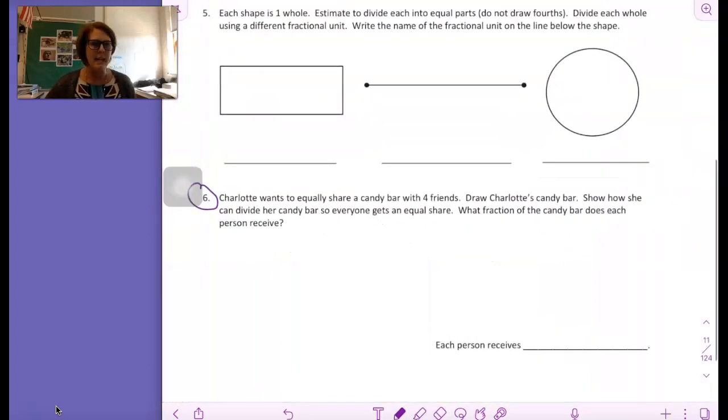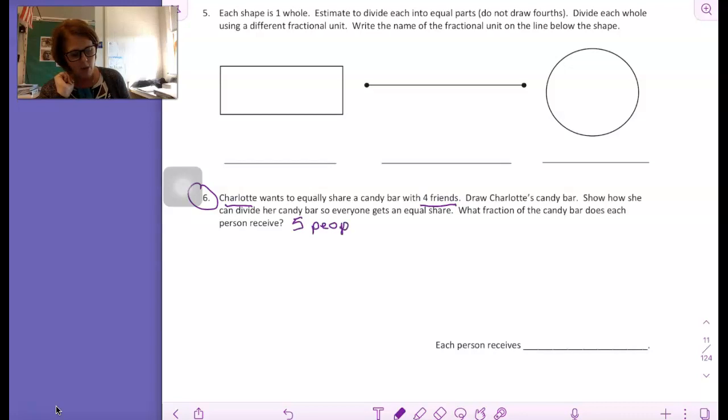We're going to look at number 6. Charlotte wants to equally share a candy bar with 4 friends. Ooh, let's stop there. We have Charlotte wants to share with 4 friends. So how many people do we have? We have 5 people.